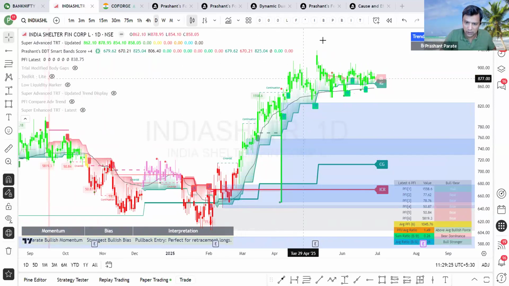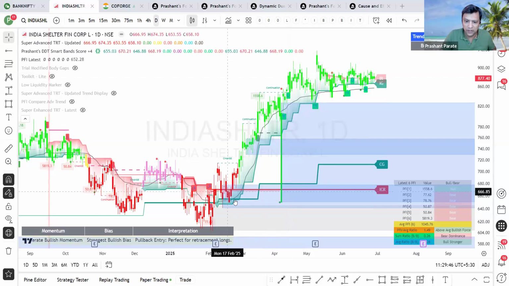It has given retracement entry. It has given some targets also, and there is momentum entry also. So input green is here, input red is here. Both are near to each other. Moderate bullish momentum is present, and this is a very big candle.